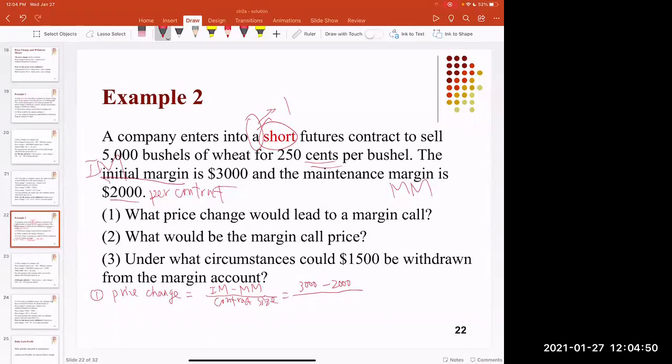Yes, so contract size is the amount of underlying assets, 5,000, that's correct. So can you calculate the price change? $0.2, which is 20 cents. I think this calculation is very simple.